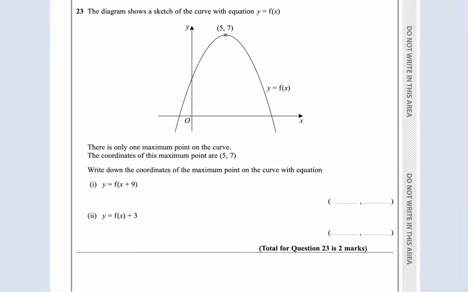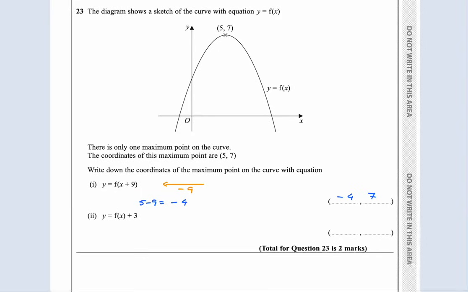X plus 9, all you do is you move it left 9. So you subtract 9 from the x's. You leave the y's the same. So 5 minus 9 is -4. So this is -4, and the 7 stays the same.